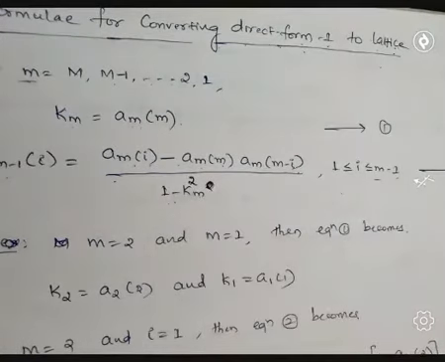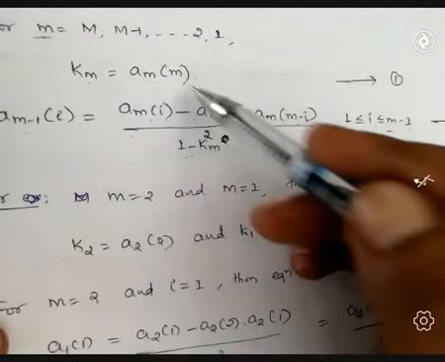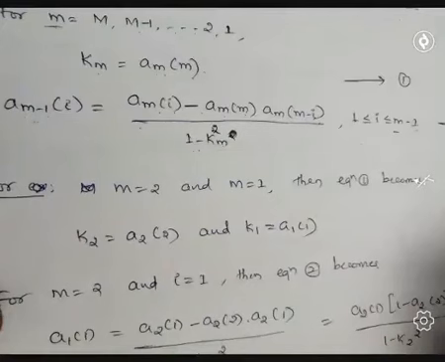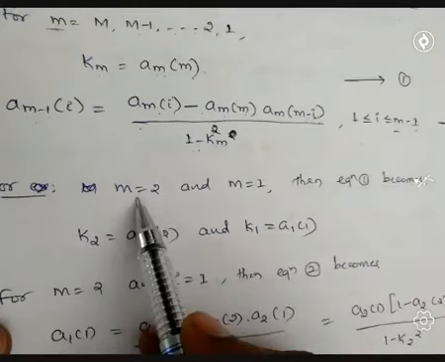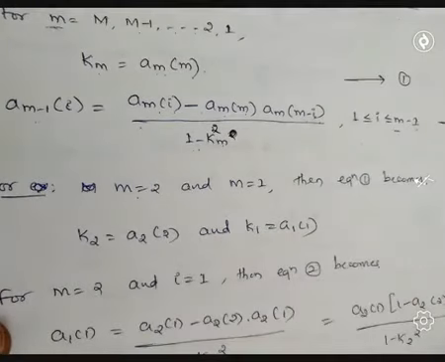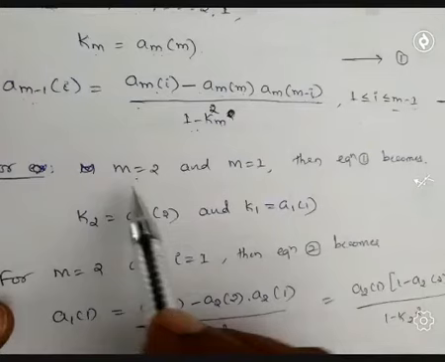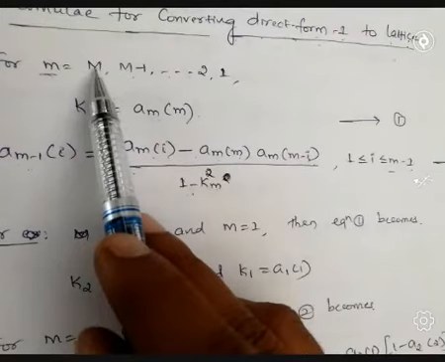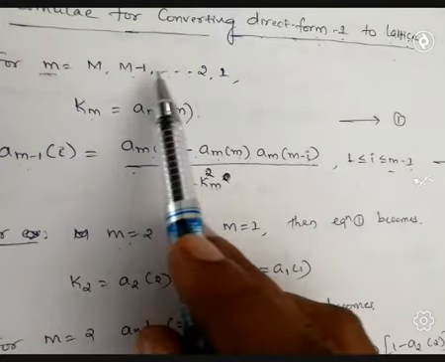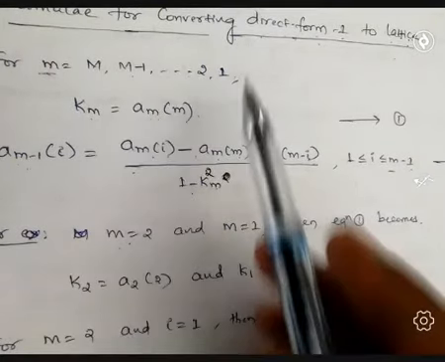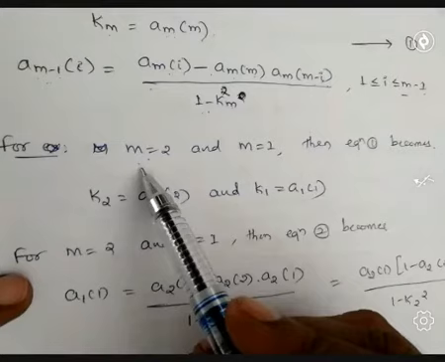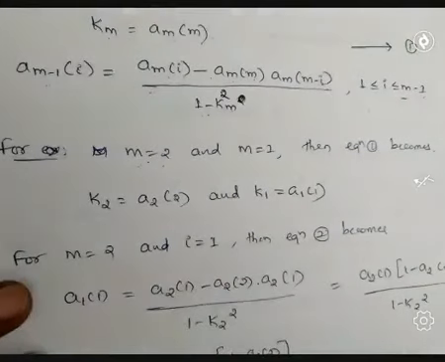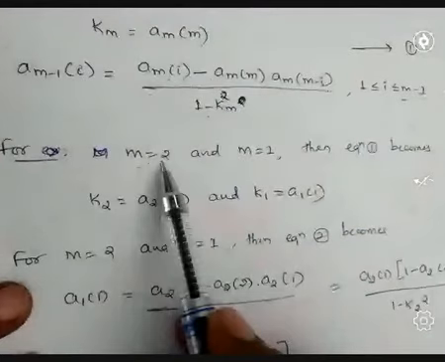Using these two formulas, we will discuss one case, where the order of the filter is 2. If it is a second order filter, how do we calculate these coefficient terms? As per the formula, M varies from M, M minus 1, M minus 2, up to 1. In this case, we take M equal to 2, so it varies 2, then 1.